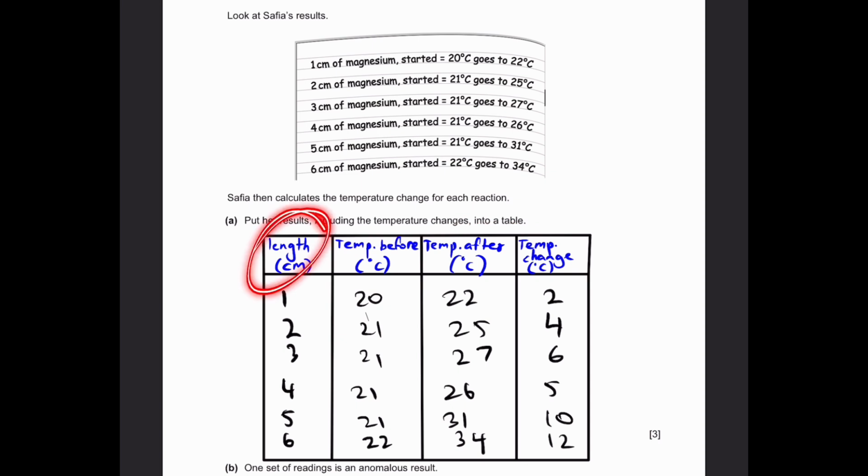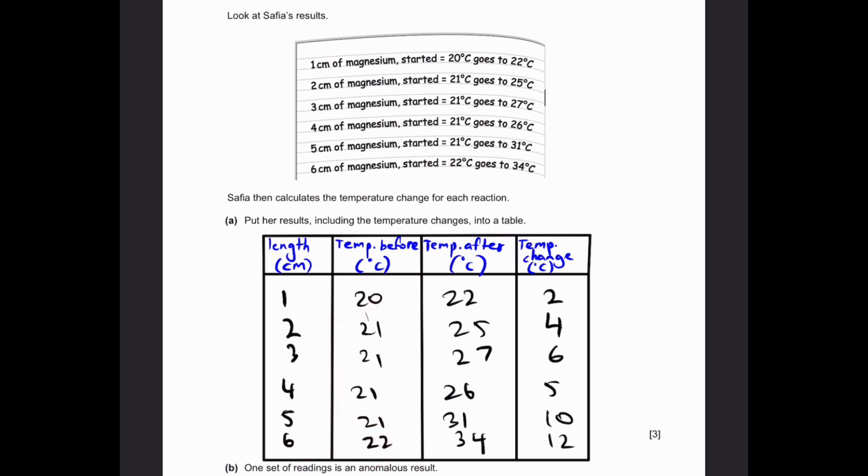So we need to first have length of magnesium, since that's the independent variable, right? So length of magnesium in centimeters. So that'll be 1, 2, 3, 4, 5, 6 as given here. Now the temperature before the reaction in degrees Celsius is over here: 20 for the first one, then 21 for the next four, and 22 for the last one.